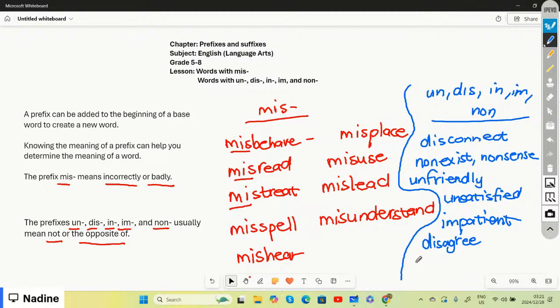The opposite of dependent is independent. So you have fiction and you have non-fiction. Something is pleasant, and if it's not pleasant, then it's unpleasant.